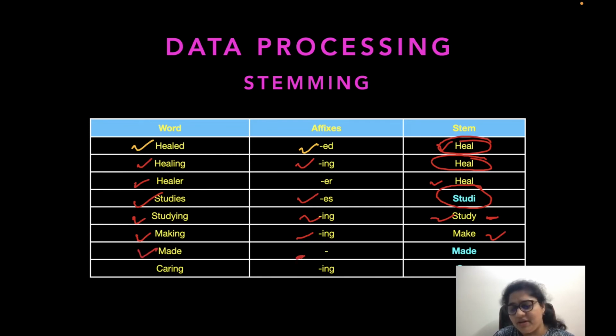Made. I can't see any affix, right? What are we getting out of it? Made. Is made a base form? In general, there is no base word called made. I'll come back to it. Then caring: remove ing, I am getting car. But wherever the word caring is used in the corpus, does car make any sense in that context?